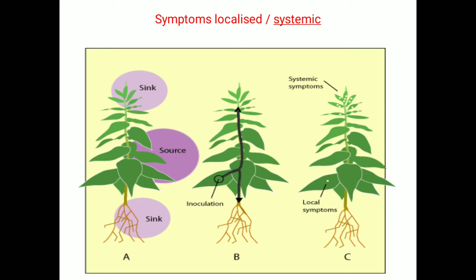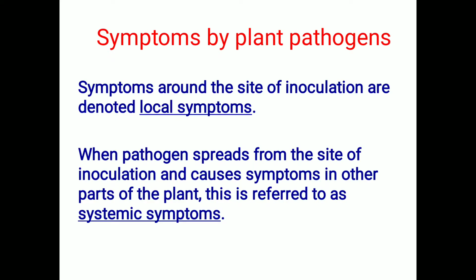But sometimes some diseases, after causing local symptoms, spread within the plant to different parts of the plant. For example, they move through the stem, leaves or different veins, and cause damage to different parts of the plant by spreading. So it is called systemic symptoms. That indicates that when pathogens spread from the site of inoculation and cause symptoms in other parts of the plant, this is referred to as systemic symptoms.